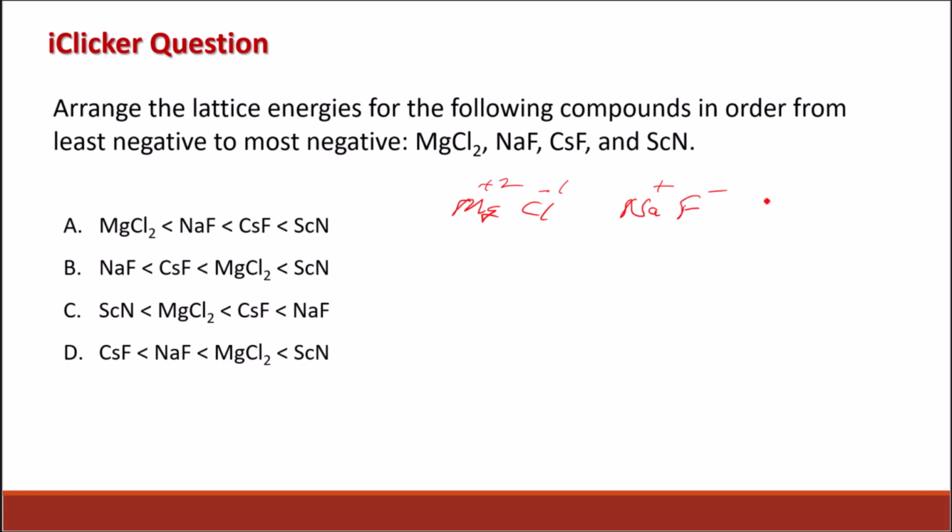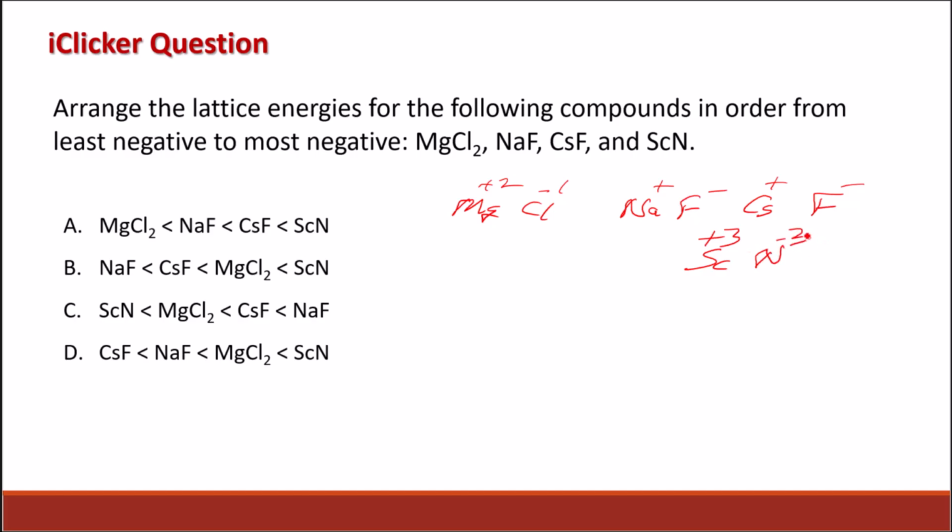Fluoride's pretty small. Cesium has a +1, and fluoride a -1. Cesium's huge. That might eliminate it. And then scandium, that's going to be a +3 because nitrogen is a -3.